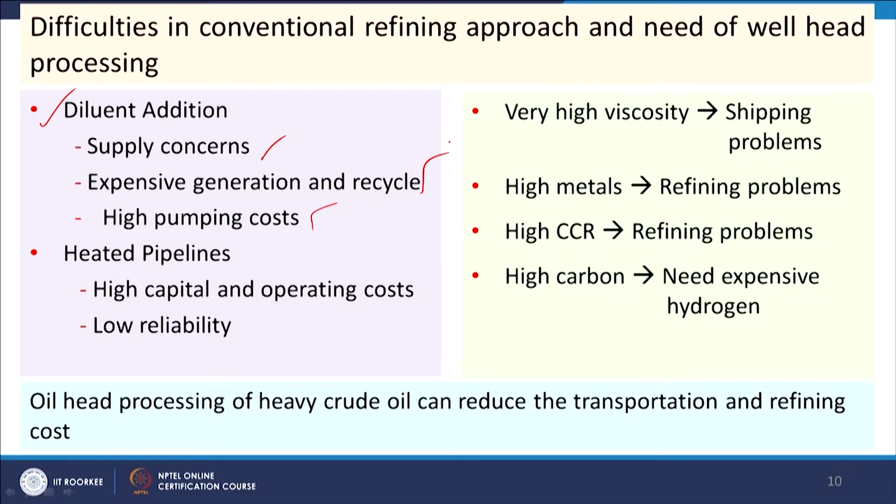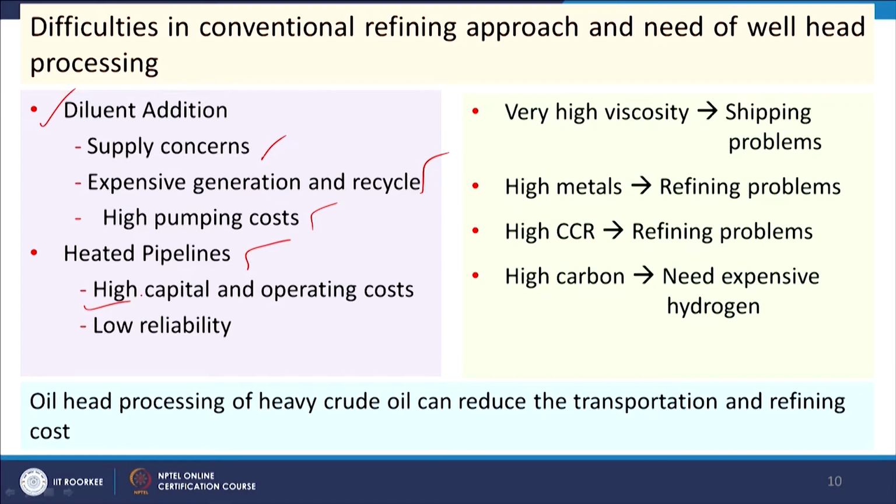So, these are the difficulties with the diluent part, and then heated pipelines. So, we are using diluent, but if the ambient temperature changes through the path of the pipeline, then again the flow can cease. So, we have to maintain the pipeline heated throughout the distance.